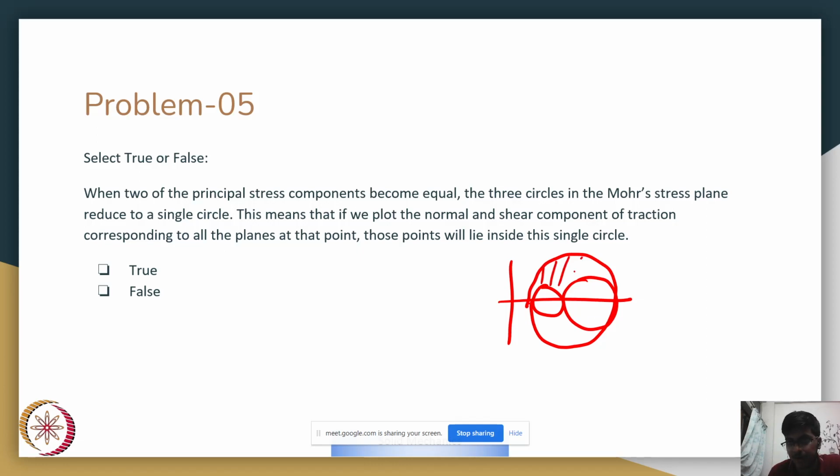This is your general Mohr's stress plane. And we are given that two of the principal stress components become equal. Say lambda 1 becomes equal to lambda 2. Then this will automatically reduce to a simple Mohr circle.